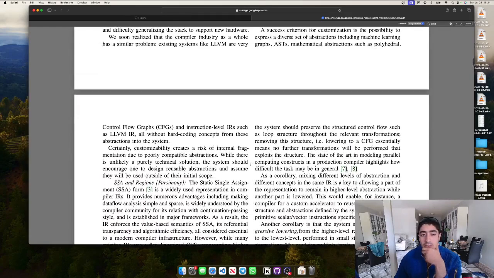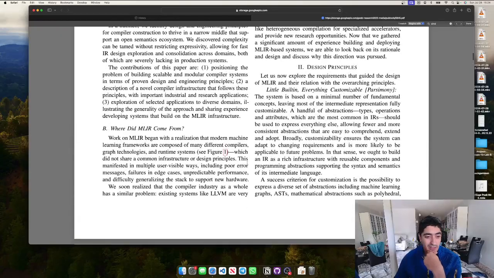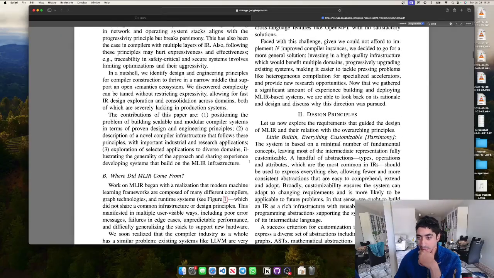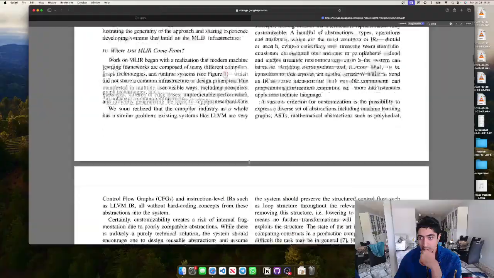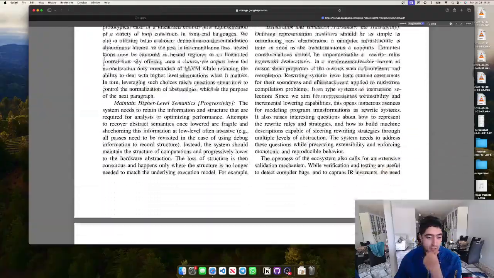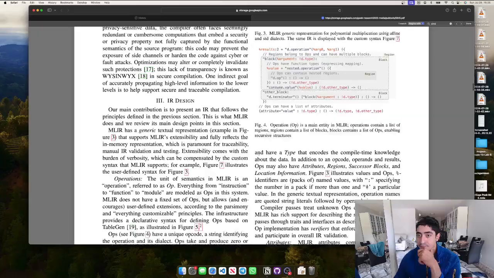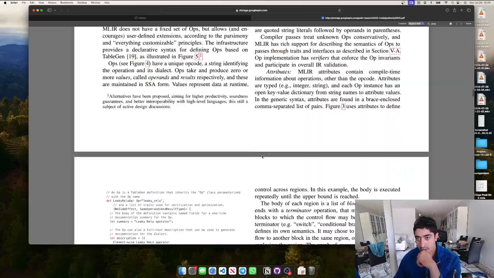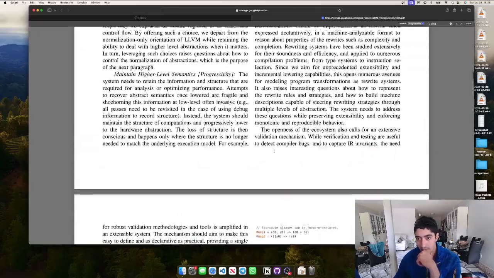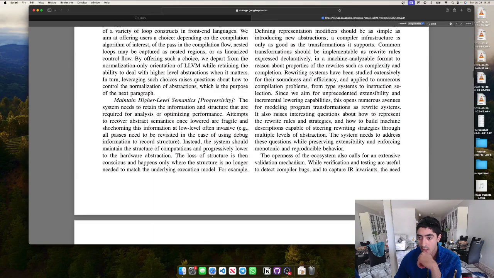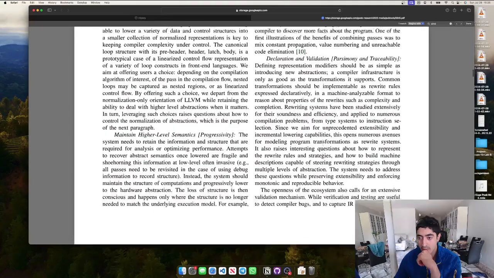We learned a little bit about the abstractions that MLIR wants to have, and design principles, and if I'm not wrong, the intermediate representation design. So let's just continue and see how far we can get in this video.